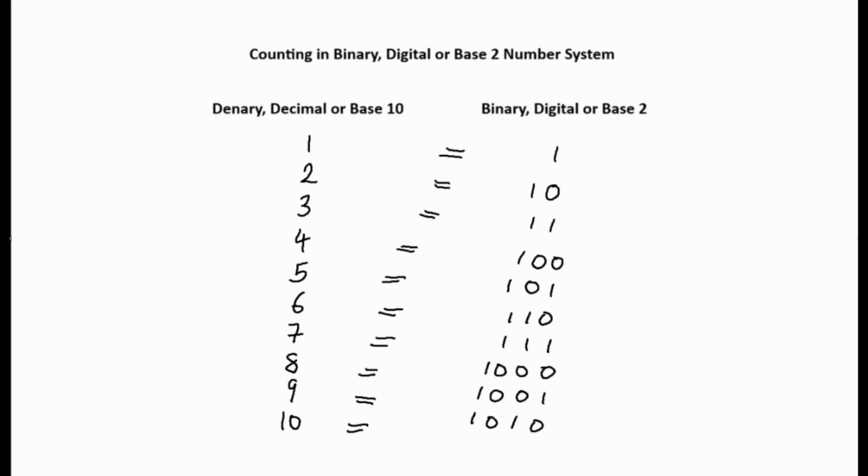Now you might have observed that base 2 system requires more bits of space or storage than its counterpart base 10 system. For instance, 10 in base 2 system, which is 1, 0, 1, 0, requires more amount of space, which is 1, 2, 3, and 4, than its counterpart in base 10, which is 10, which requires only two amount of space, which is 1 and 2.